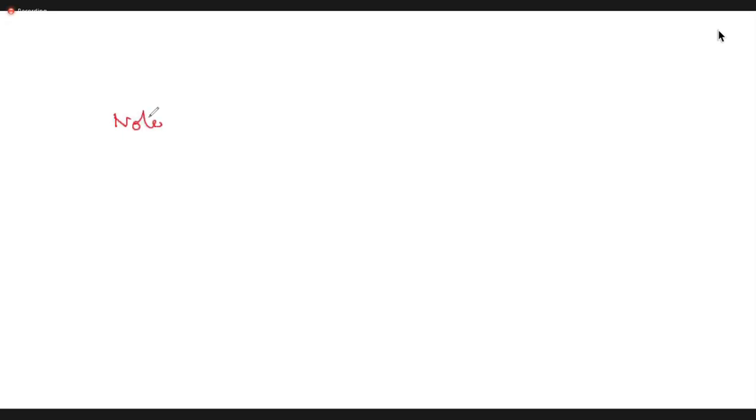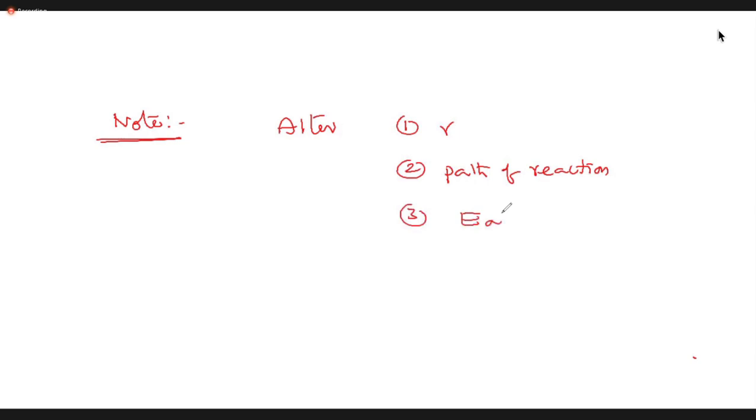Now note, important. Catalyst can alter: number one, rate of reaction; number two, path of reaction; number three, activation energy; number four, threshold energy.